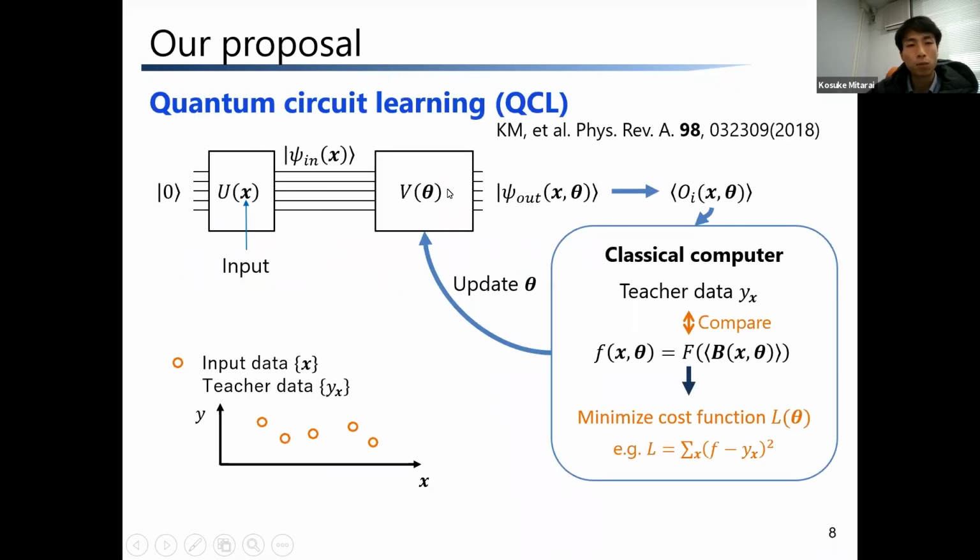What we propose in this paper, which we call quantum circuit learning, is a machine learning algorithm for NISQ devices. This algorithm consists of a quantum circuit part and a classical computer part, as in the old variational quantum algorithms.